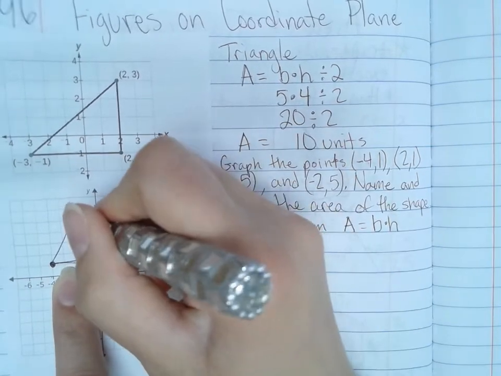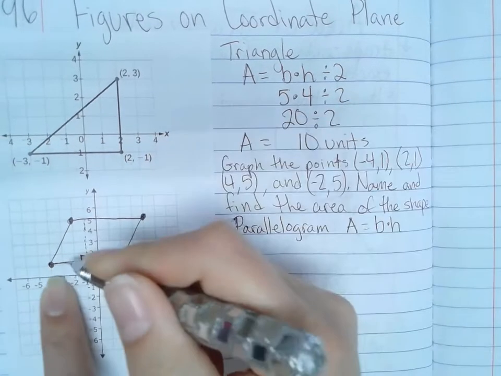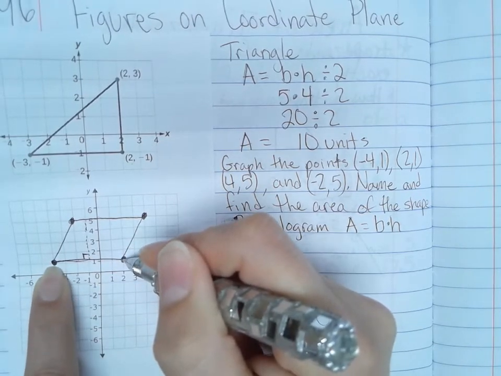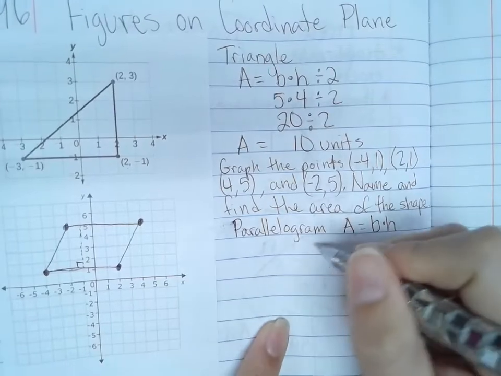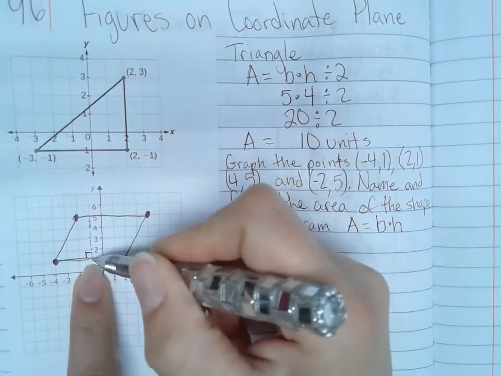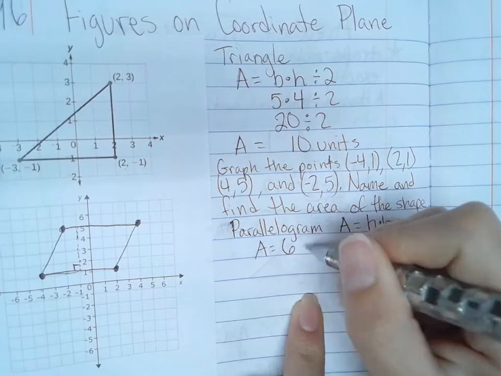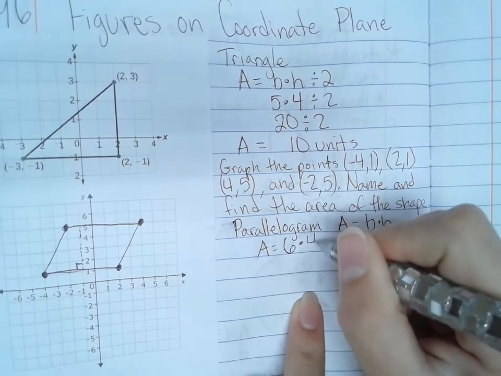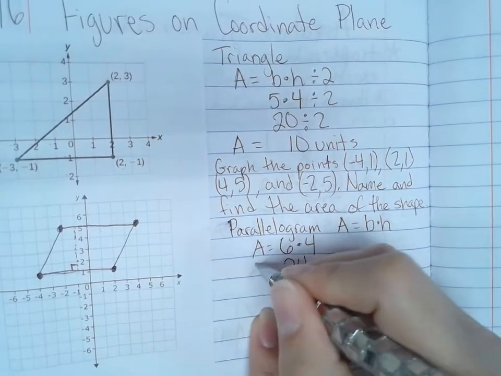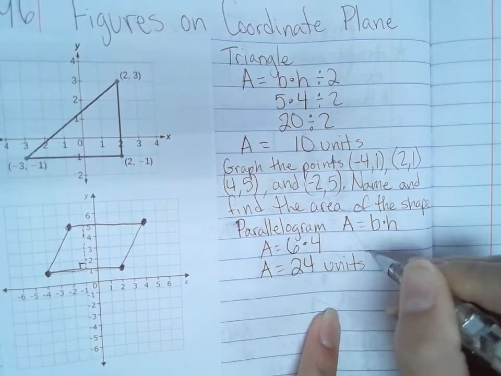So I'm just going to draw a dotted line here showing that I'm making a right angle so you can see that. This is 1, 2, 3, 4, 5, 6 units. So that means my base is 6. My height is 1, 2, 3, 4. So base times height is going to be 24. So the area is 24 units squared.